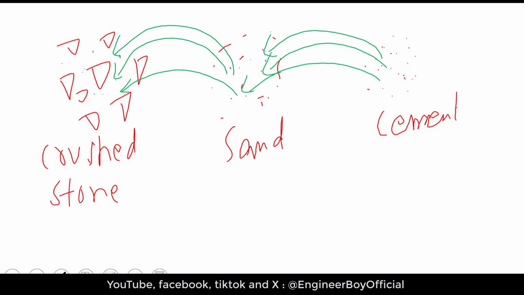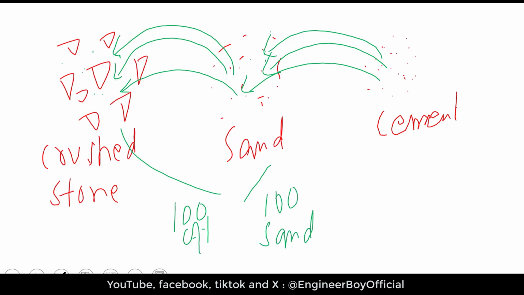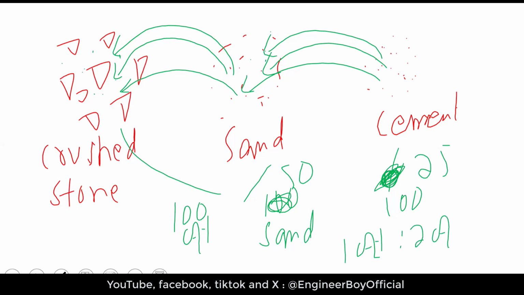So let's say we bring 100 CFT crush stone, 100 CFT sand, and even 100 CFT cement, which is not the same thing, right? This can be 50, this can be 25, or let's say we have 1 CFT, 2 CFT, and then 4 CFT.